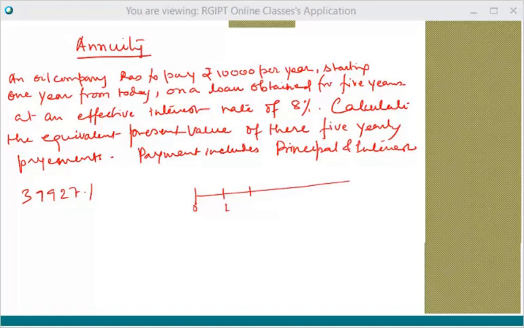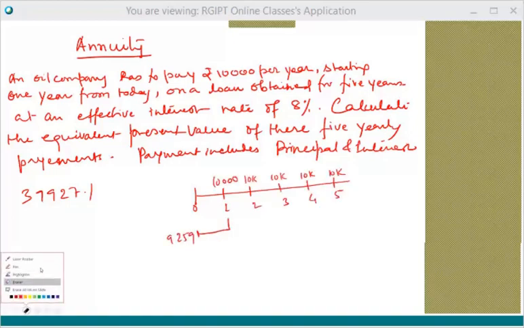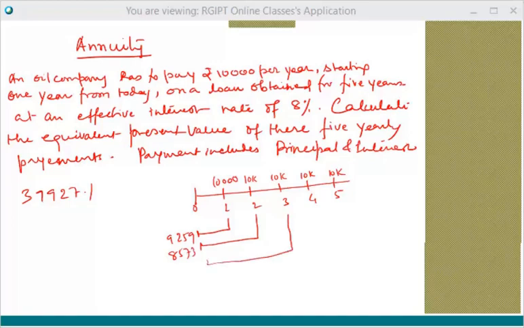Here you probably got 9259. Got this 8573. Got this 7938.